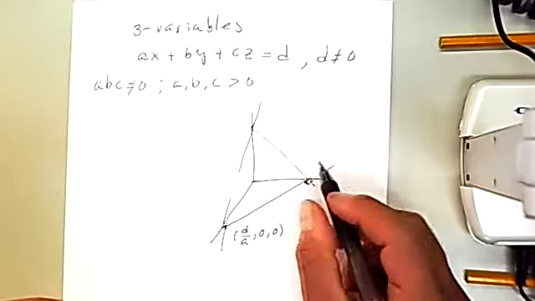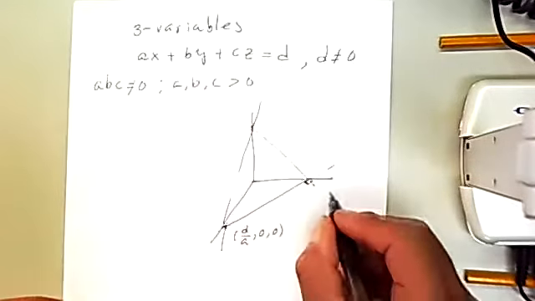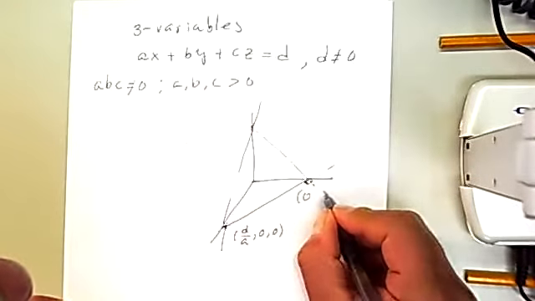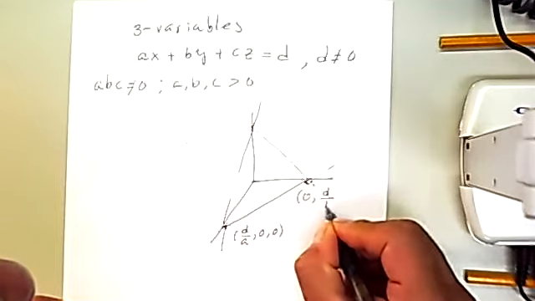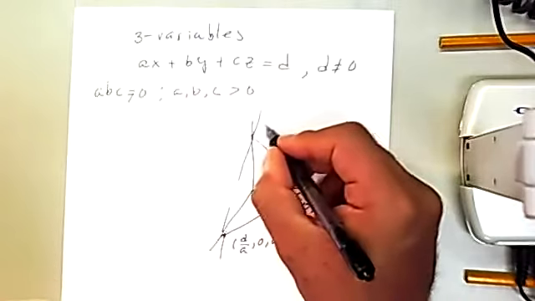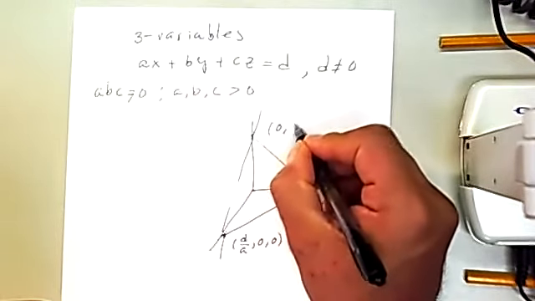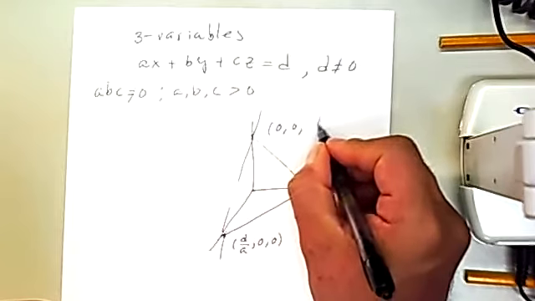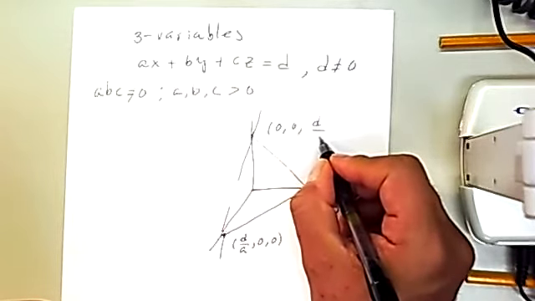This intersects at 0, D divided by B, 0. And then we intersect the z-axis at 0, 0, D divided by C.